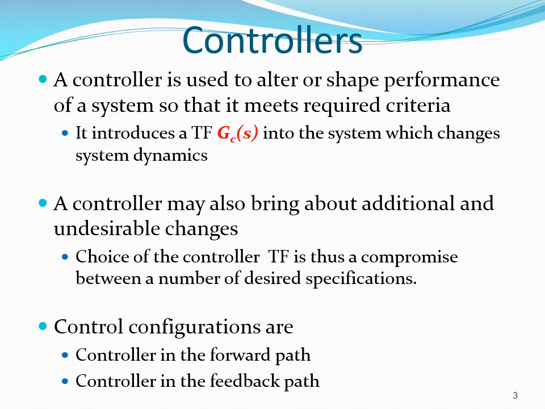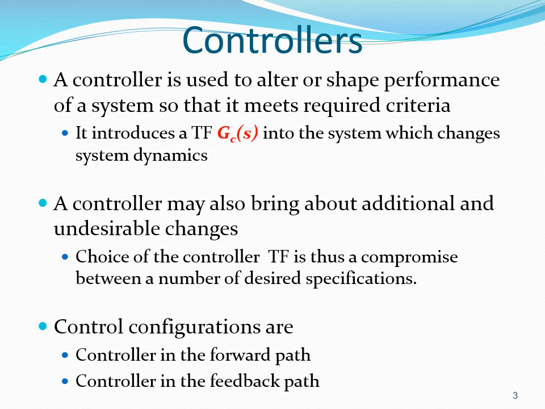To do this, a controller introduces a TF that we can denote as GC(s) into the system. This TF causes a change of the system dynamics. We can carefully select the TF so as to make the system dynamics meet the required criteria.